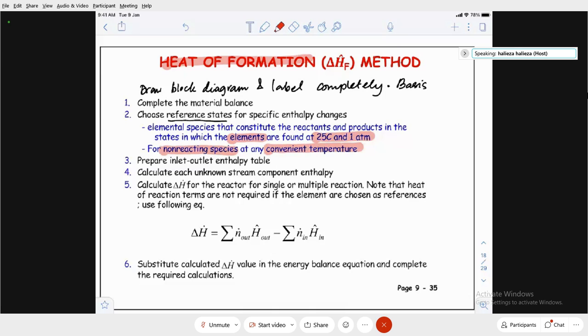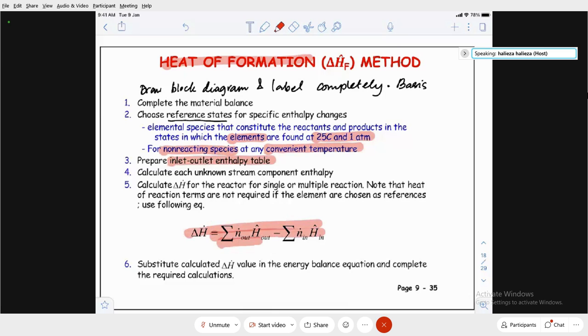You can choose any temperature you like, the inlet temperature and inlet pressure, or the outlet temperature and outlet pressure. It's up to you. After that, you need to do your enthalpy table with the inlet and the outlet. And then you will finally solve for your energy balance using this equation.